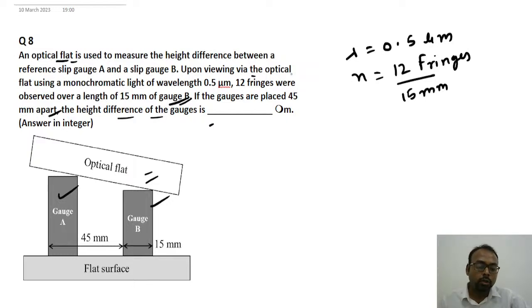We have to find out the value of the height difference of the gauges in micrometers. Basically, in this question, we have to find out the final value in micrometers.